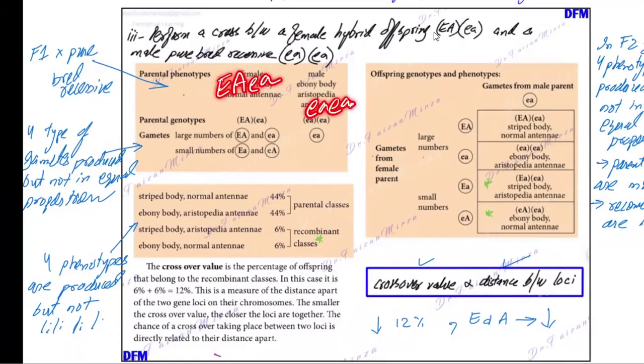Studies have shown that if a female is dihybrid, then she will produce four different gametes. In large quantities, the gametes will be the same as the parental class. In fewer quantities will be the recombinant gametes because the linkage group will break. This is a rare chance, but yes, this occurs. So four gametes will be produced, but they will not be in equal proportion.